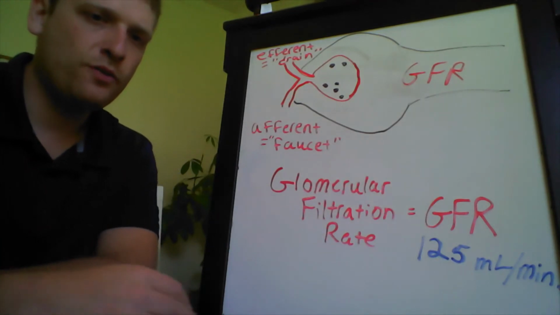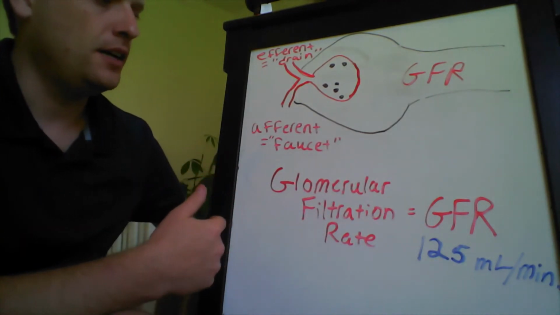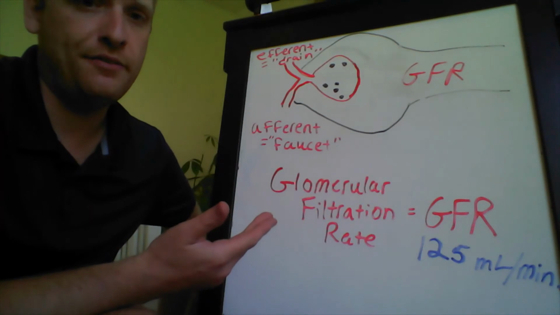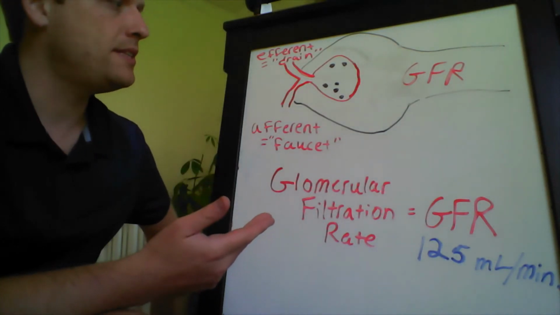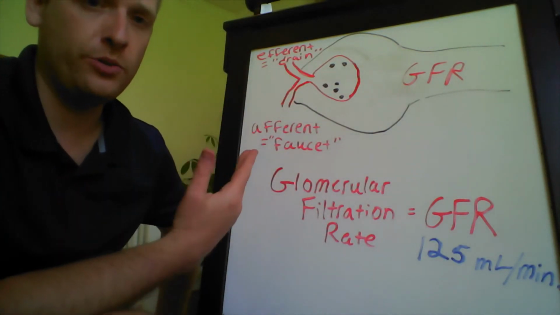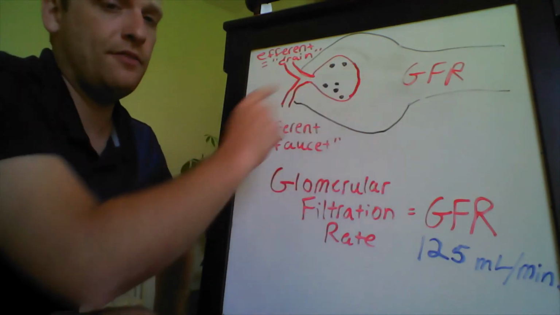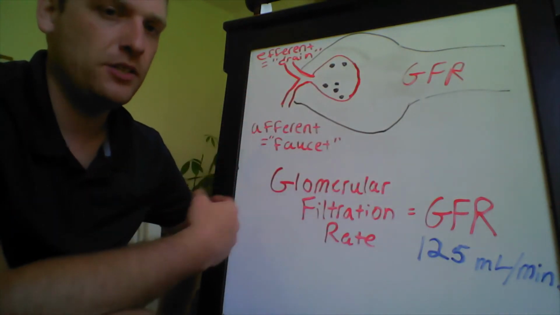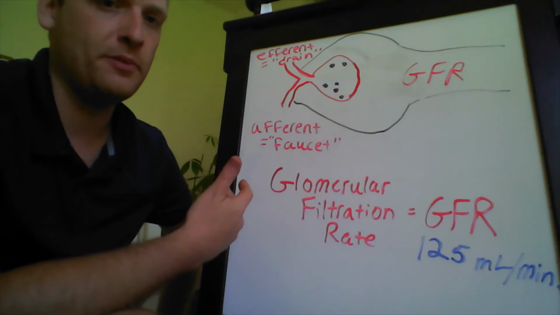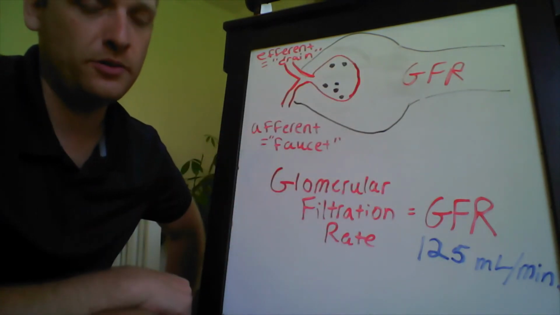So the sum of those forces we just mentioned, leading to a positive net filtration pressure, means that glomerular filtration is going to occur. There's going to be filtration and formation of filtrate. So substances are being removed from the blood, traveling into the tubules.